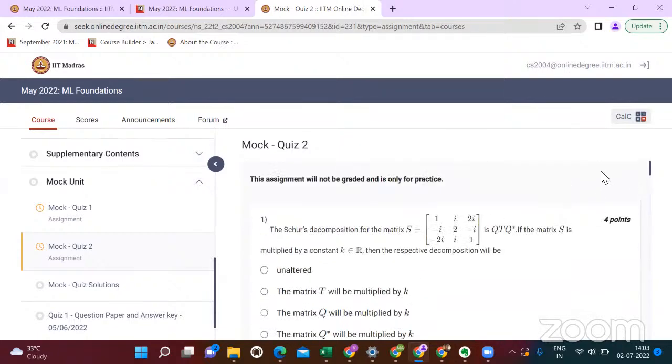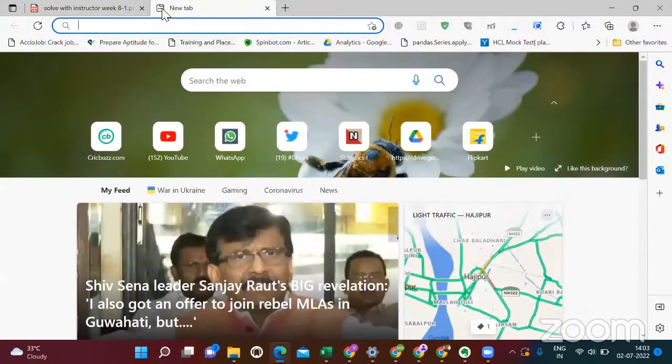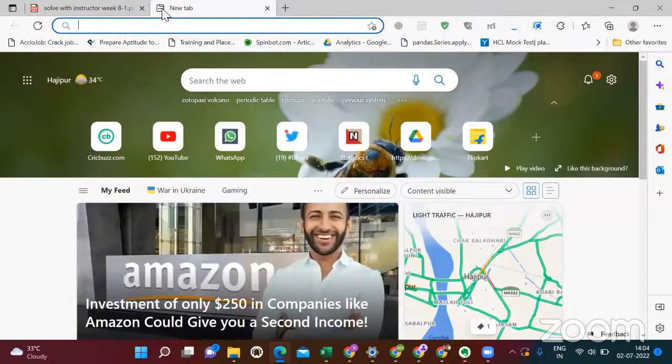The most difficult questions you will face are, I guess, from the SVD part. Go through the properties once again that we discussed in the fifth week, and the SVD part. You can't solve the whole SVD directly, as it will take around 15 minutes.